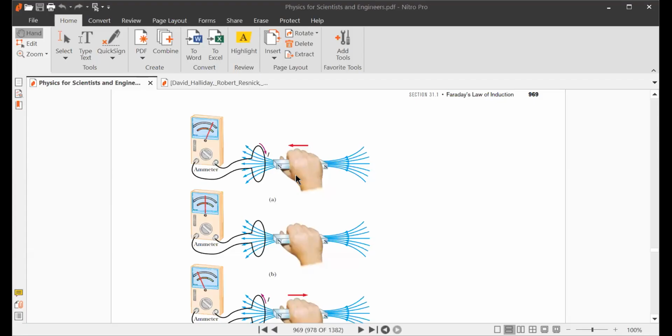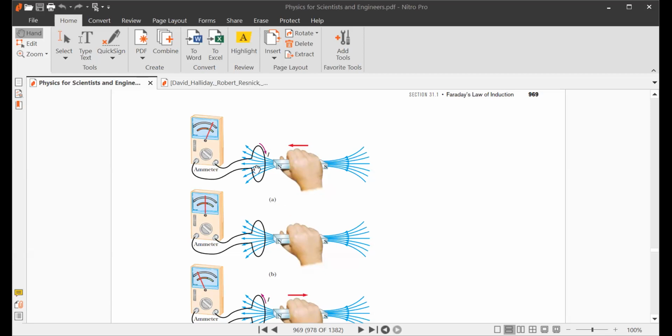Okay, let's stop here. I will continue with the book. If you move the rod toward this coil, this curved wire, there will be an induced current such that it produces an induced magnetic field that repels the rod.